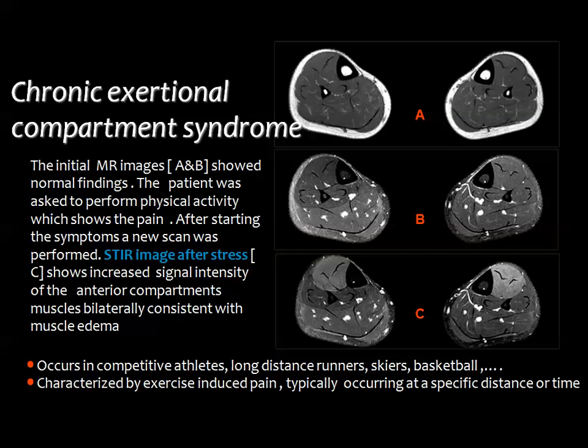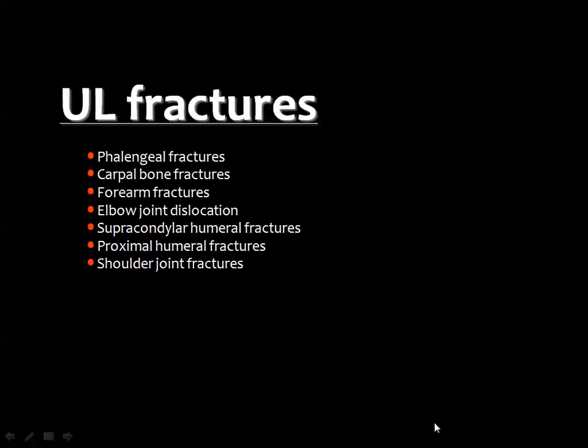You let the patient perform exercise, and when he develops pain, you do the MRI, and then you will see the abnormal signal and some swelling of the involved muscles. This will regress totally during rest.